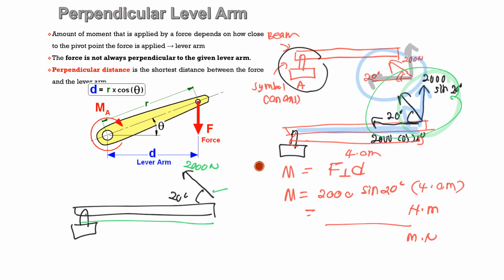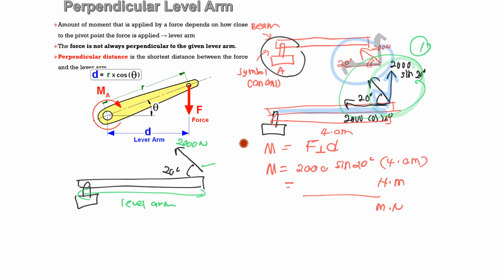This is your lever arm. It needs to be either one, whether you resolve the force or you resolve the lever arm. It cannot be both resolved. Please take note, when you want to use this moment, it can be either one: you resolve the force, which is method 1, or you use the second method where you resolve the lever arm. When you resolve the lever arm here, you need to find a new lever arm.